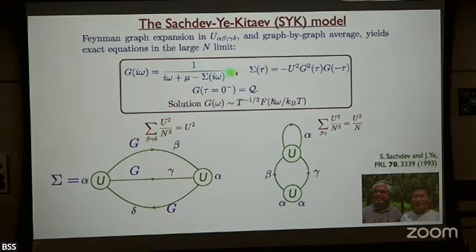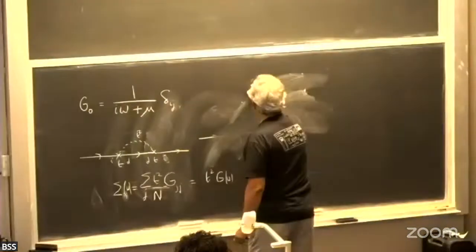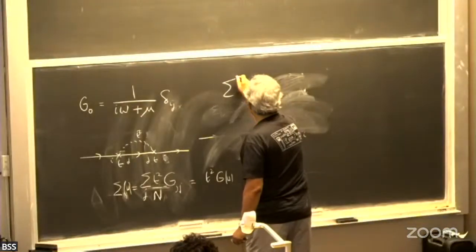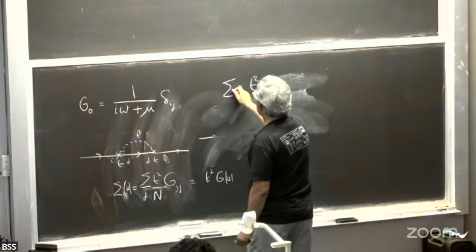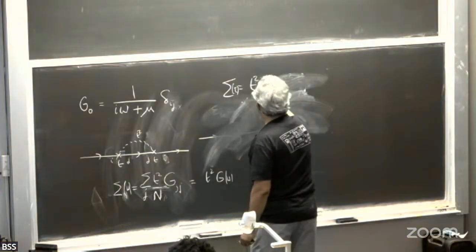Okay, so now you have a very similar equation to solve, except that for the random matrix model, you have sigma equals t squared times g, and this could be either frequency or time. So let's make it in time.